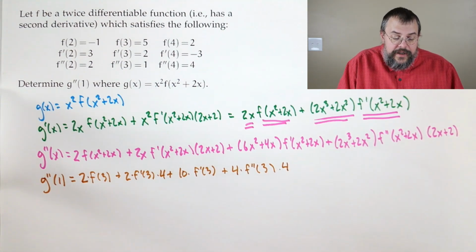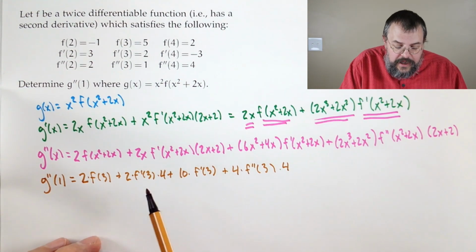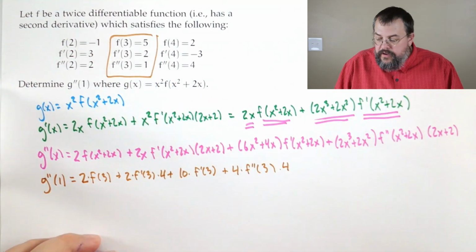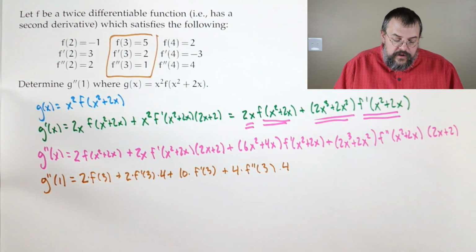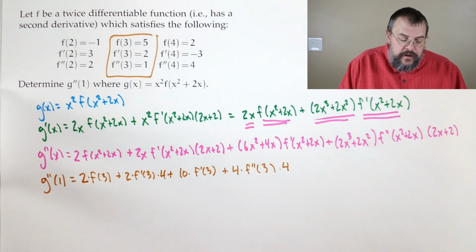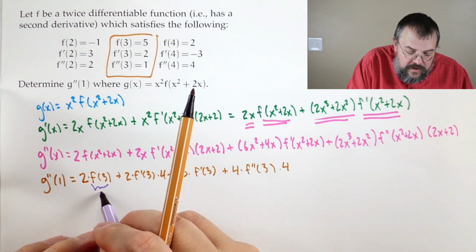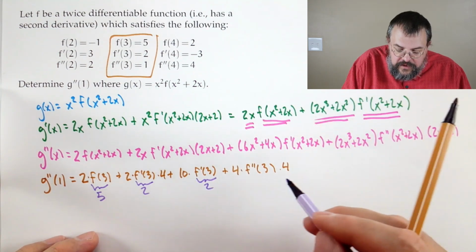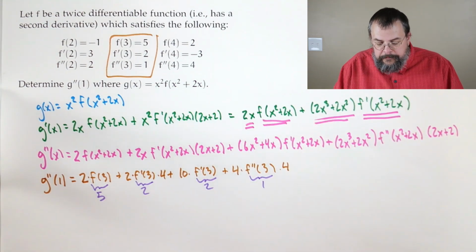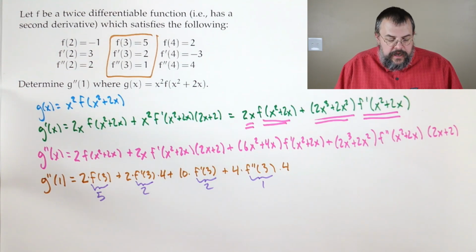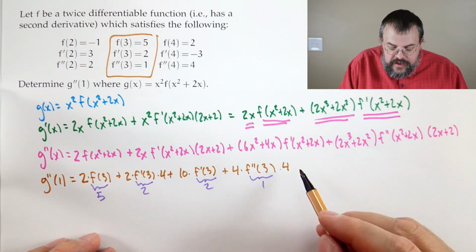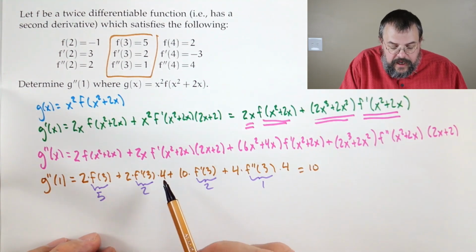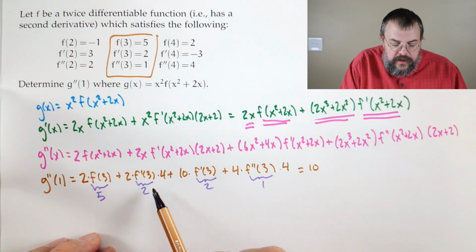Okay, but good news, we know these values. In particular, they're given to us up here. So we know, for instance, that f of 3 is 5, f prime of 3 is 2, there's actually 2 of those, and f double prime of 3 is 1. So we have 2 times 5, which is 10, 2 times 2 times 4, so that's going to be 16.